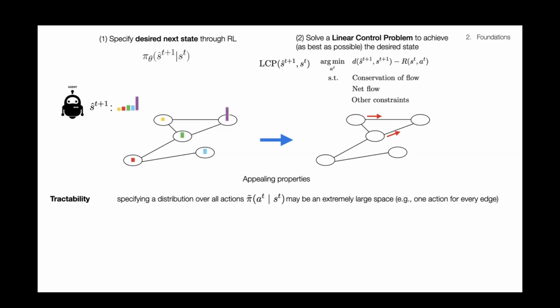In terms of scalability, this is extremely fast at inference time, because once the agent is trained, evaluating the RL policy entails taking a forward step in a neural net, so extremely fast. And solving the second step is a linear program, so also extremely fast.